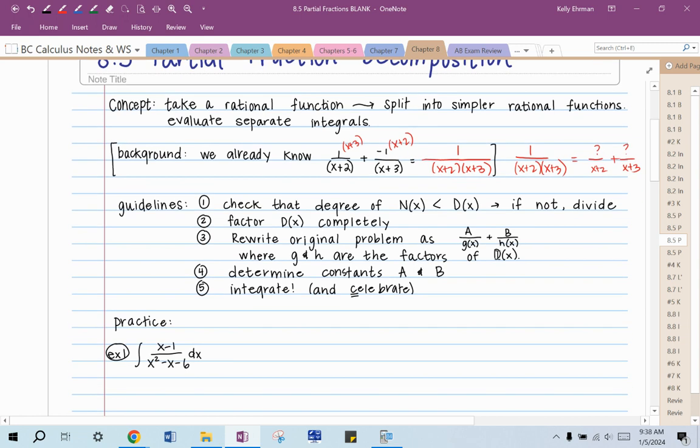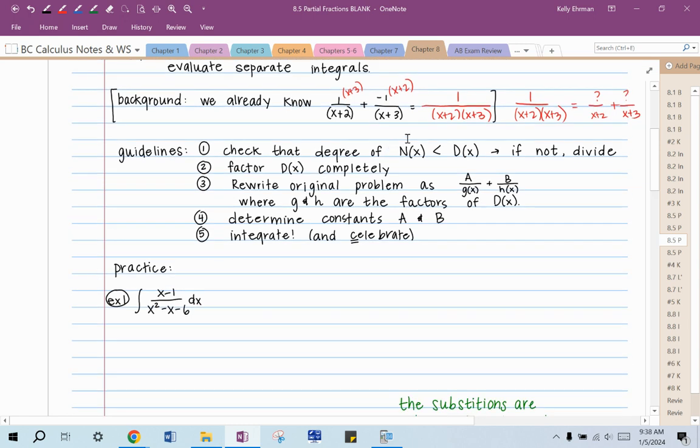All right, so there are some steps you can check. Make sure that the degree of the numerator is less than the degree of the denominator. If it's not, you still need to do long division. So basically make sure that you have a bottom heavy, that's our informal pre-calc term, rational function before starting.